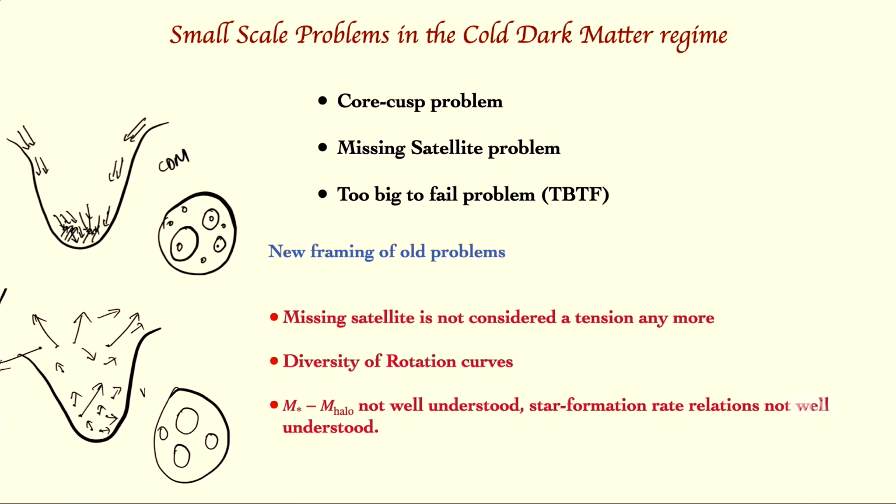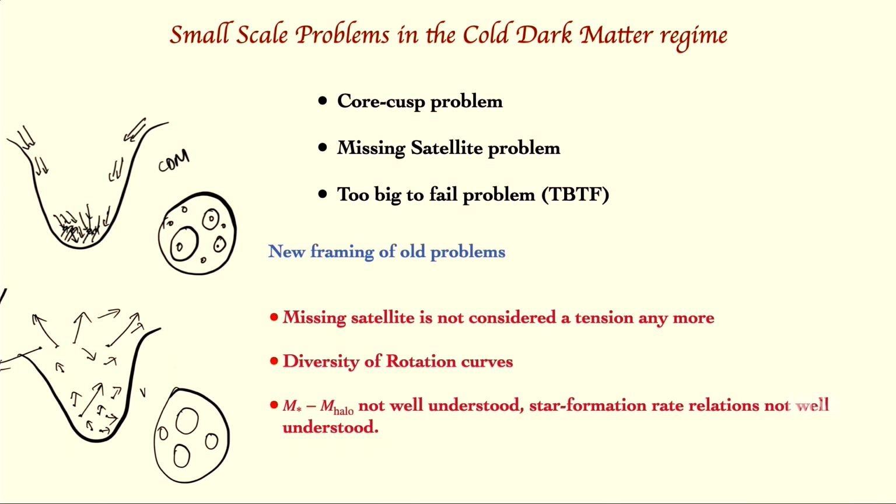The core cusp problem, now that we can measure not only a handful of classical dwarfs, we can actually measure tens, 50 or 60 dwarfs, going to fainter and fainter regimes, has also been recast to a large extent.